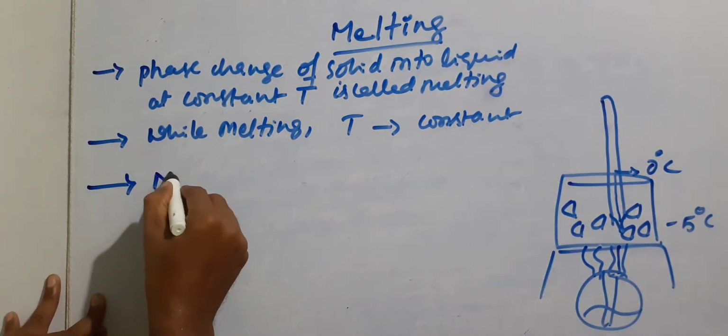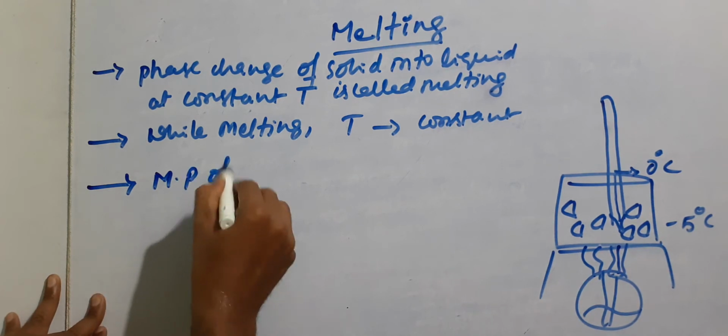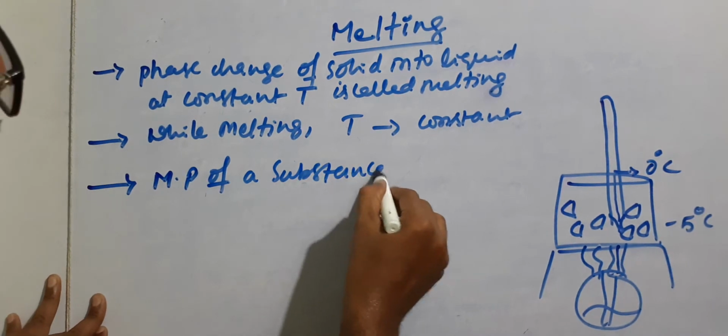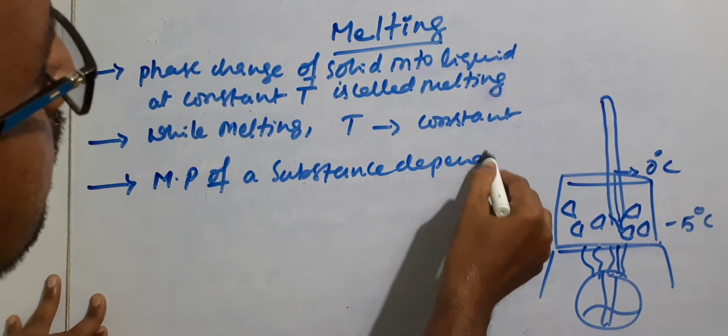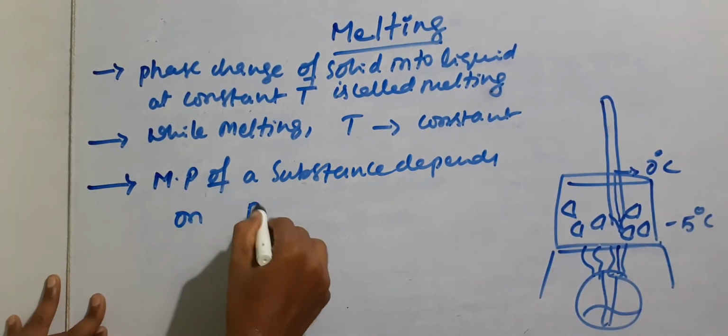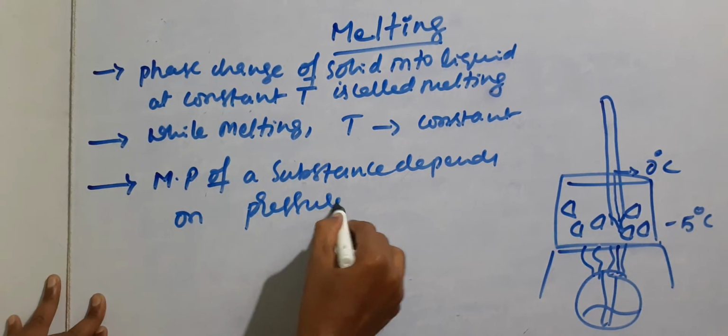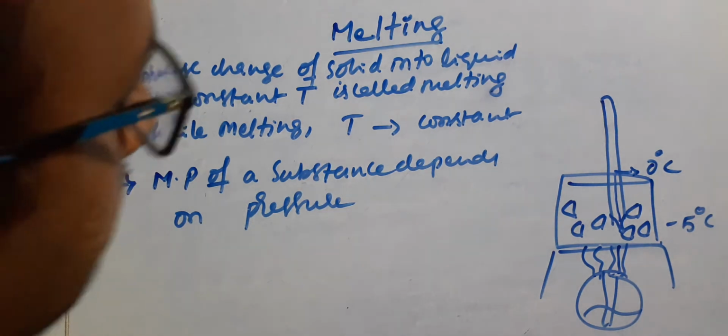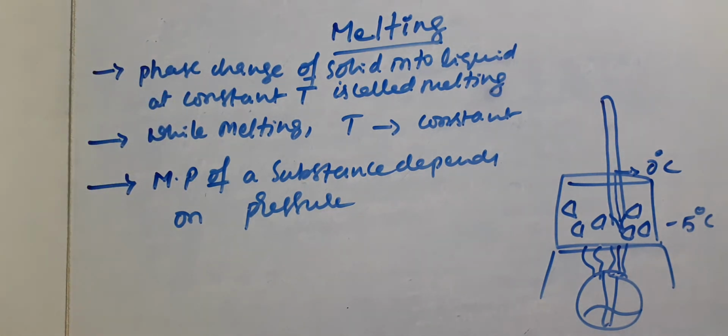Melting point of a substance depends on pressure. That is, we apply pressure on the given substance.